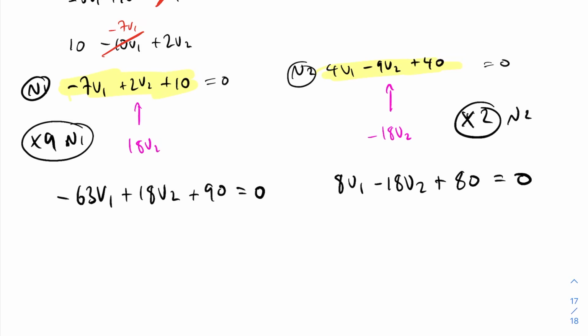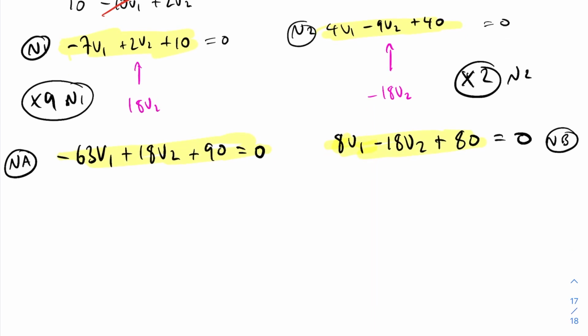So now we can call this one node A, and we can call this one node B. Okay, and then now we need to basically add these together. So NA plus NB.